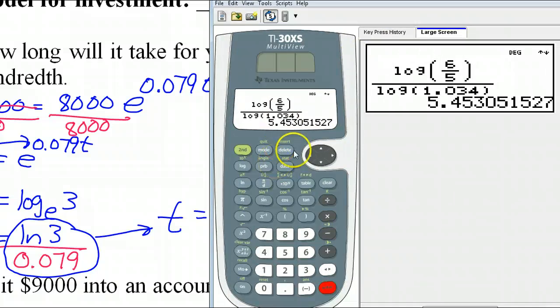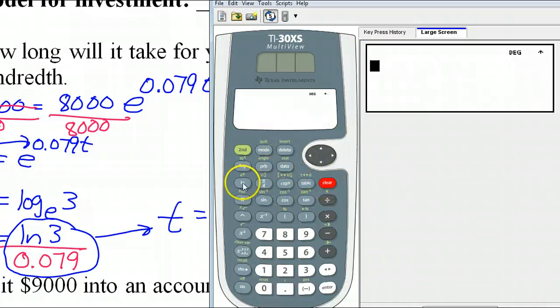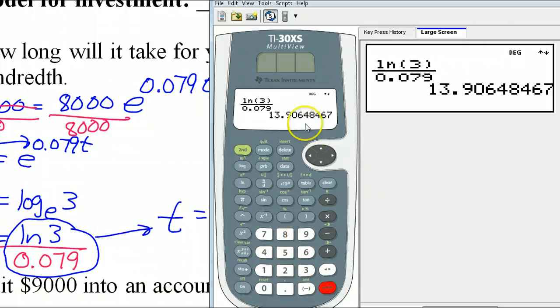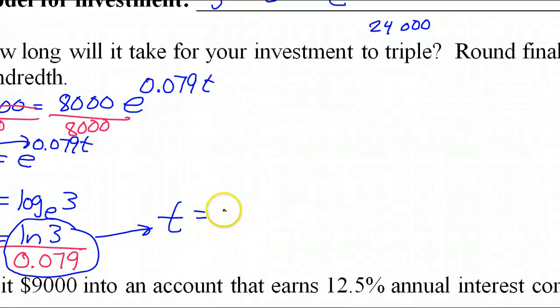So that's going to be natural log 3. Didn't close it. Let's try that again. Natural log 3 over 0.079. So that is 13.91 years, round up.